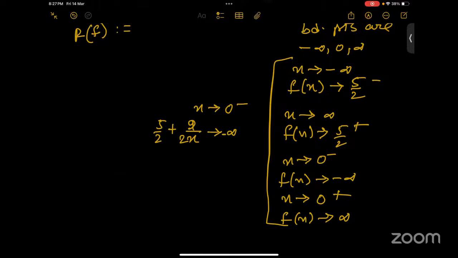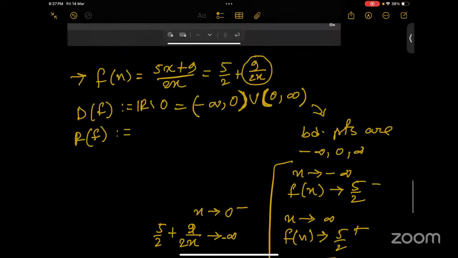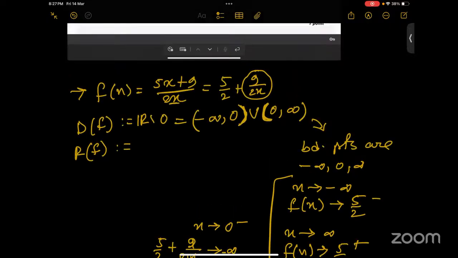Directly here we get infinity by infinity form, then we can't directly say anything, but if you readjust the terms, then we can conclude something.